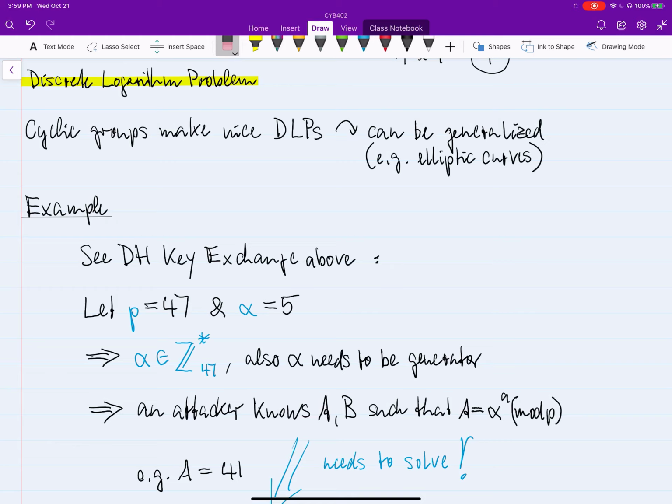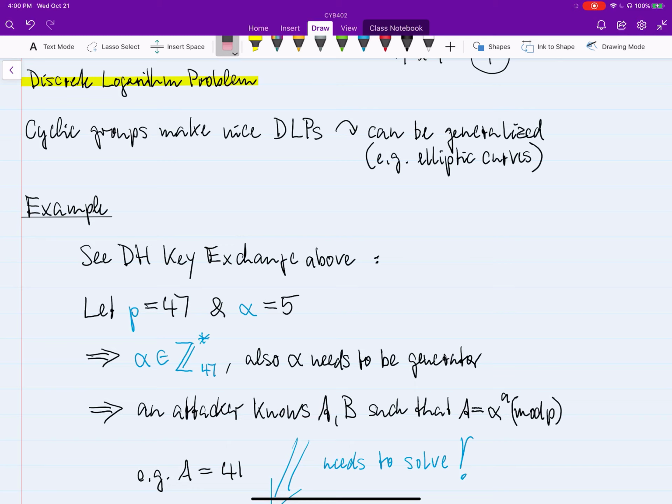In this case, it was exponentiation with a generator as the base, and we could compute that function in one direction very easily. It was easy to compute alpha to the power of small letter a and get a result.